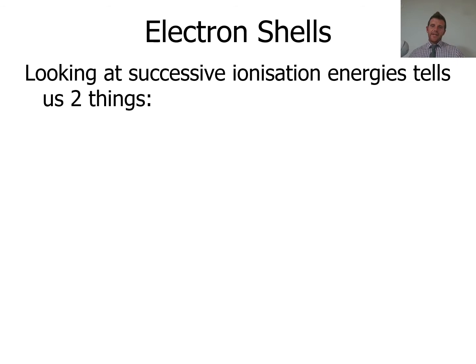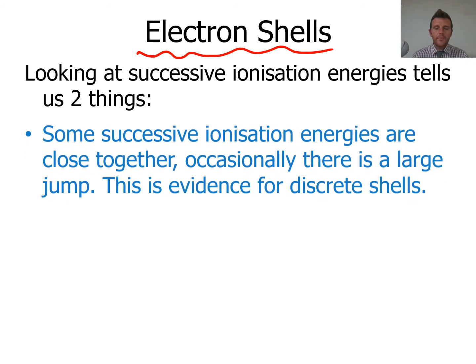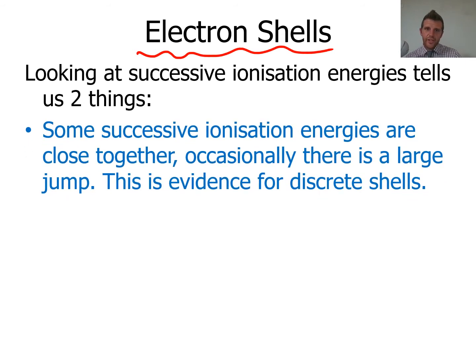Looking at successive ionization energy tells us two things, and this is really going to be hinting at electron shells here. Successive ionization energies, this is a tongue twister. Some successive ionization energies are close together. Occasionally there's a large jump.